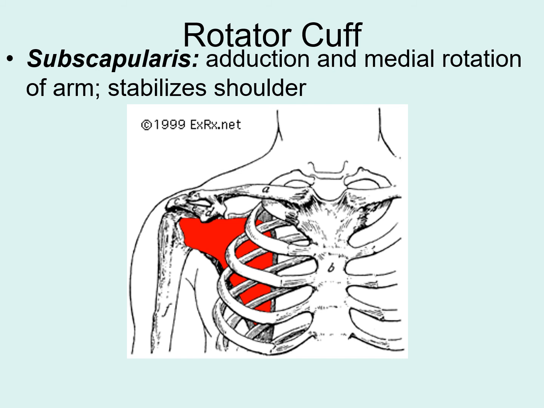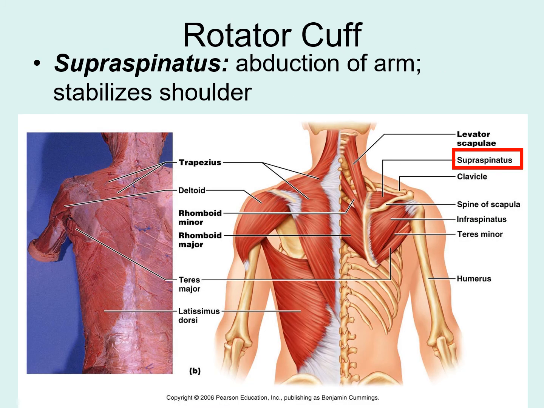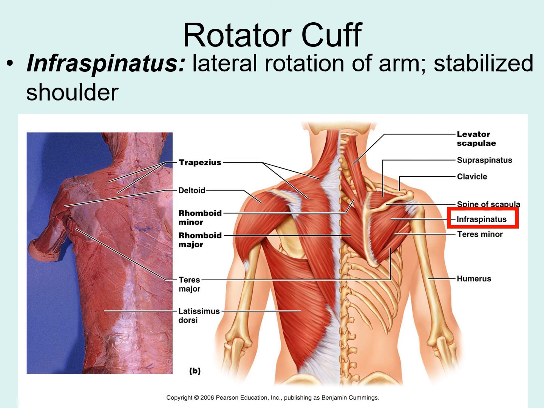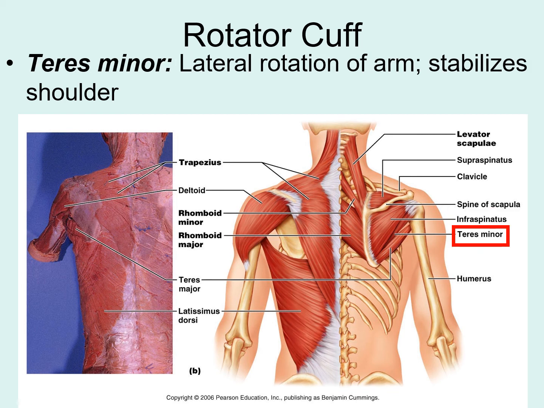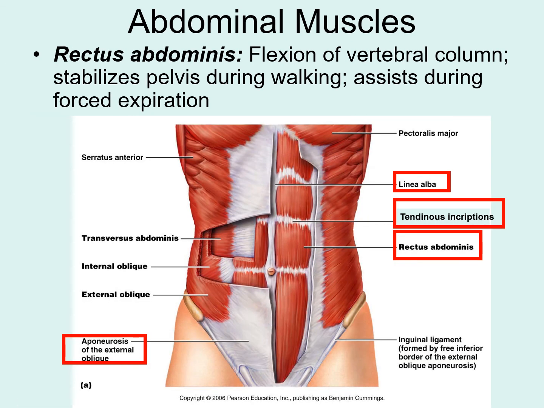It helps to stabilize that shoulder. The supraspinatus is for abduction and stabilizes the shoulder once again. Infraspinatus is for lateral rotation of the arm. All of these are stabilizing that shoulder. And the teres minor is also for lateral rotation of the arm.